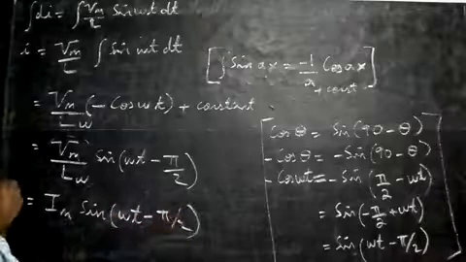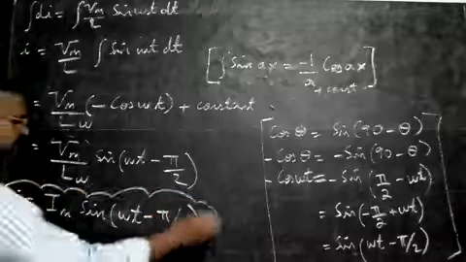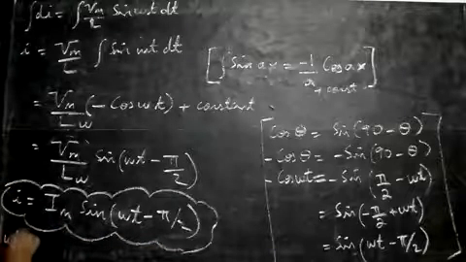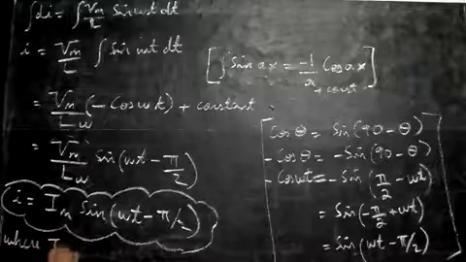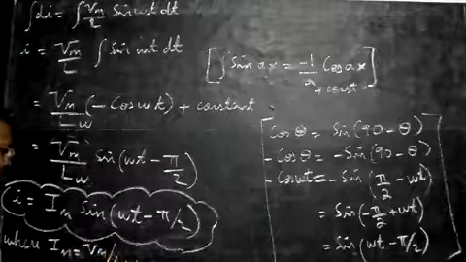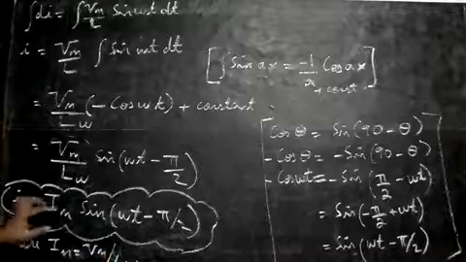Instead of writing Vm by L omega, we can write Im. So I is equal to Im sine of omega t minus pi by 2, where Im is equal to Vm by L omega. This is the equation for the current.